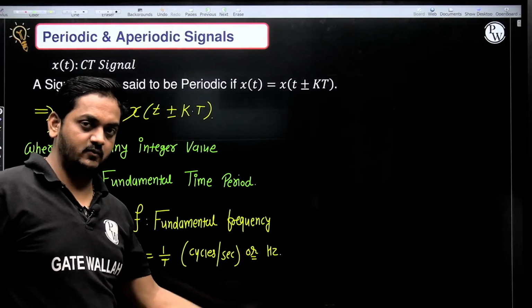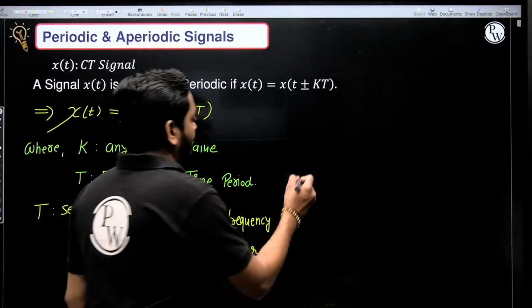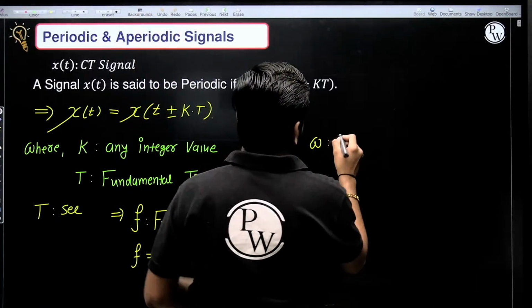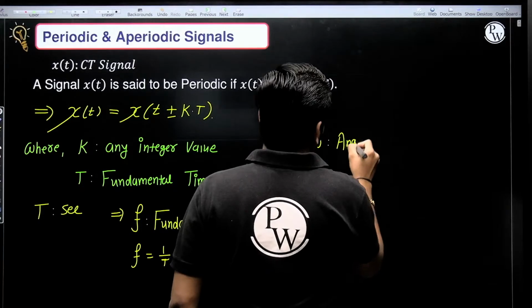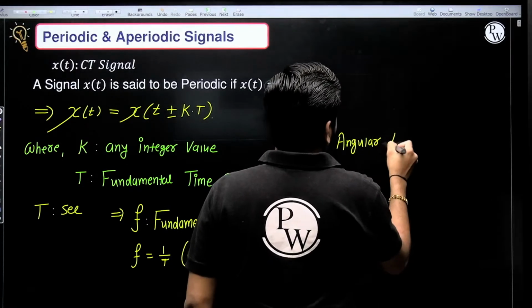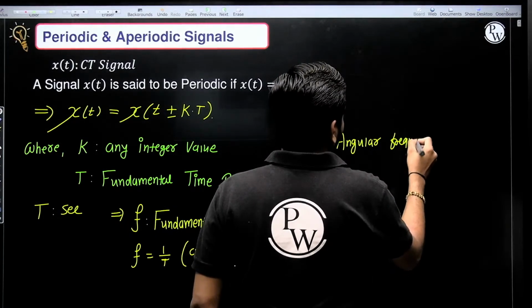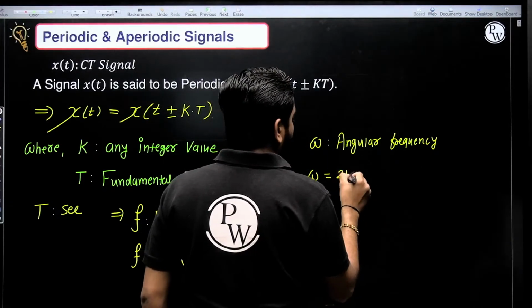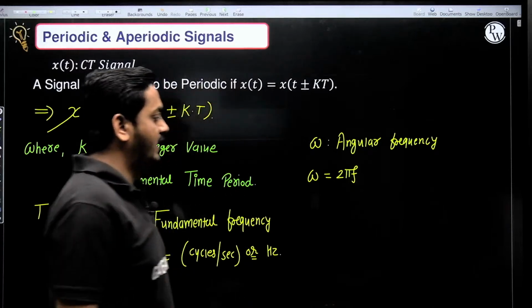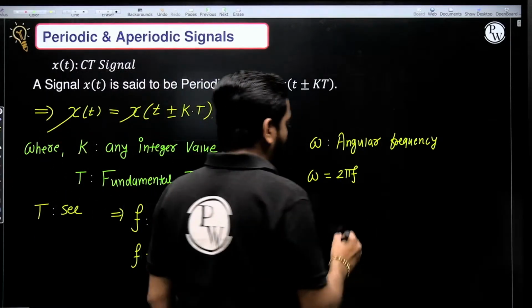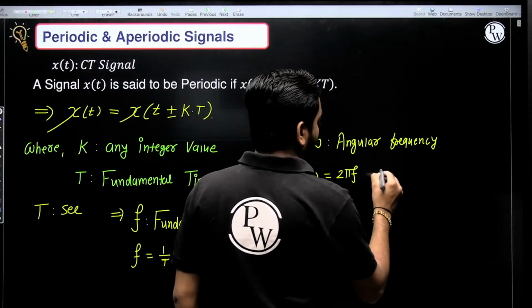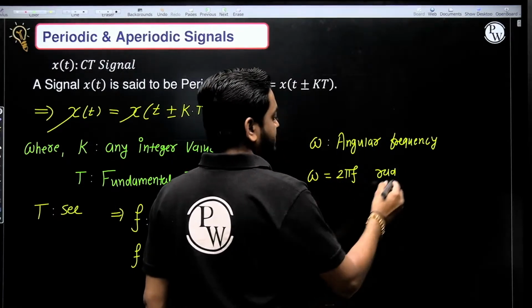Now omega is also a frequency, guys, but this is the angular frequency. Omega is equal to 2 pi f, and the unit is radian per second, because the unit of theta is radian, and the unit of f is per second.